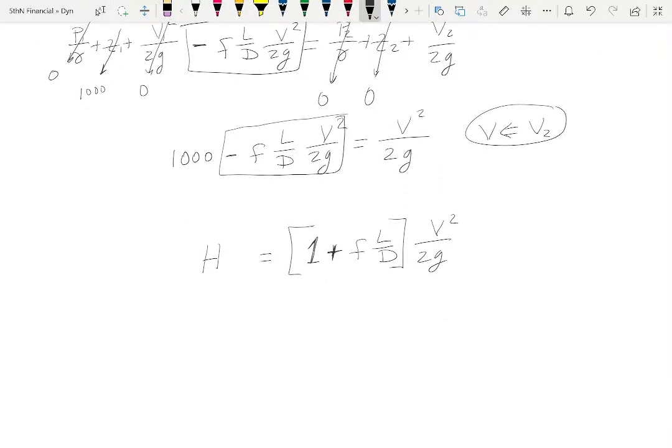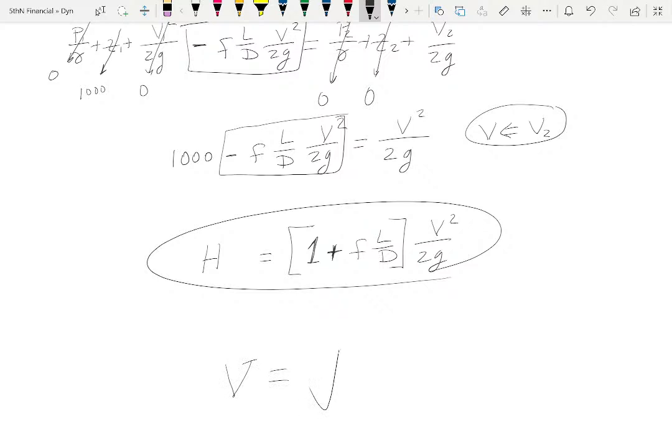And then before I put in numbers, I'm going to work this out. V is equal to the square root, take the 2g and move it across, of 2gh over 1 plus f L over d.